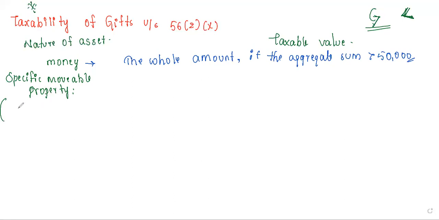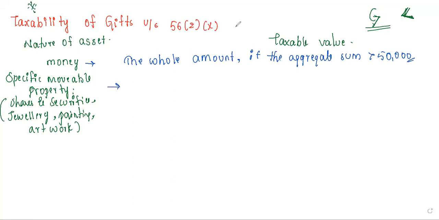So take down shares and securities, jewelry, painting, artwork, etc. Coming on to this, if it is without consideration, consideration is nothing but something in return for the promise.